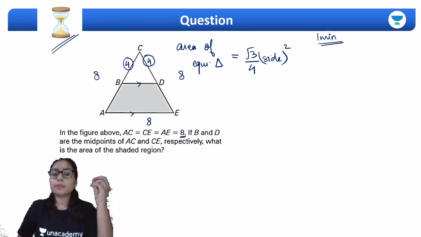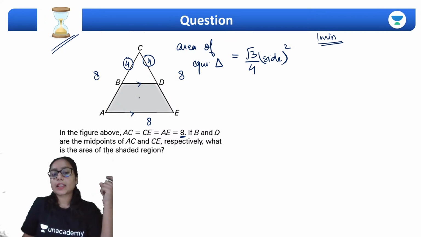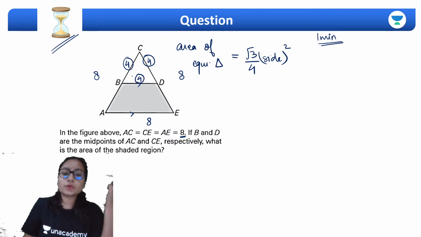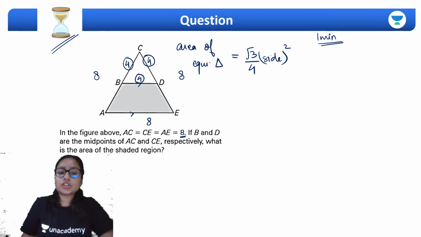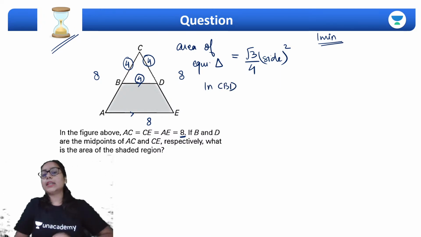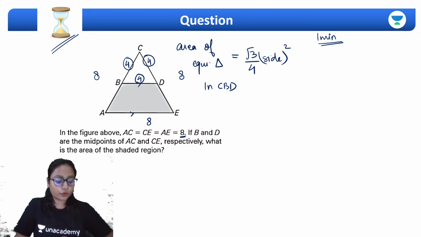The line joining the midpoints of two sides is always parallel to the third side, and that line is half of the base. Here BD is equal to half of AE, so BD is also equal to 4. So triangle CBD is also an equilateral triangle with side 4.